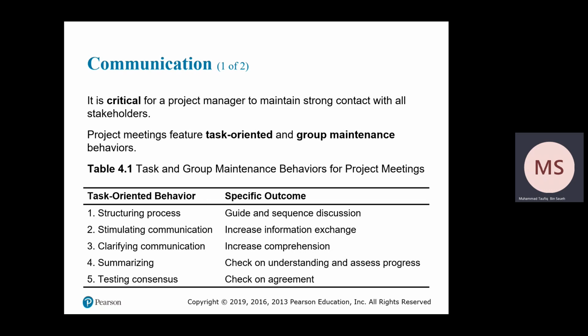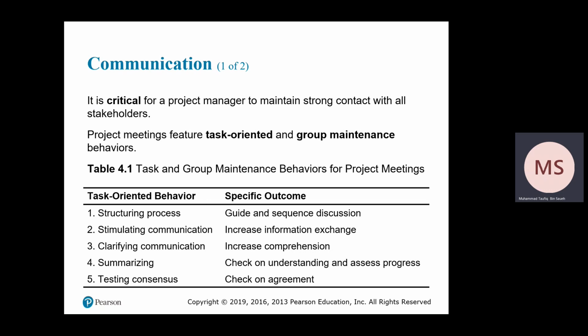Project meetings feature task-oriented and group maintenance behavior. So in a meeting we have two functions. The project meeting will behave in a task-oriented and group maintenance manner. Task-oriented behavior means that you give instruction, and group maintenance means how you want to maintain the group, because with the meeting you can solve misunderstandings between persons.